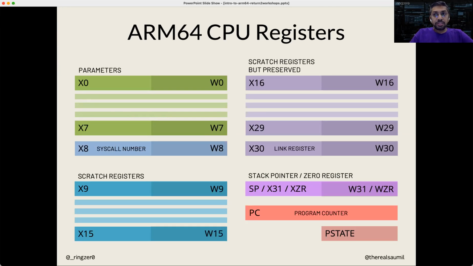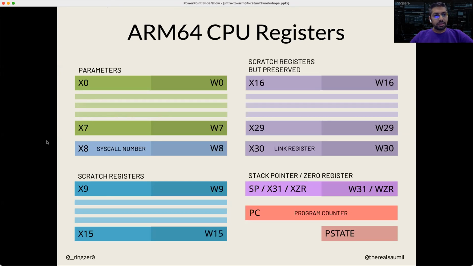The first 8 registers, X0 through X7, are used for passing parameters to functions. And these are treated as volatile registers. That means they can be overwritten. They do not need to be preserved across function calls. The ARM32 CPU had only 4 registers to pass parameters: R0, R1, R2, and R3. In the ARM64 CPUs, you can use 8 registers to pass parameters.